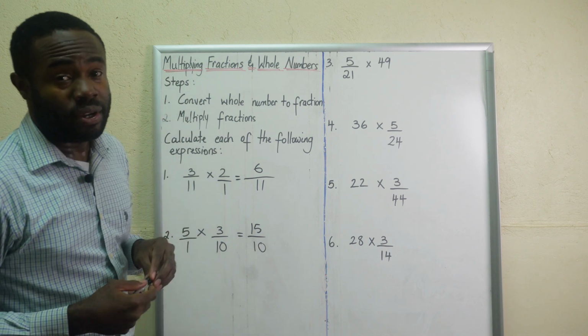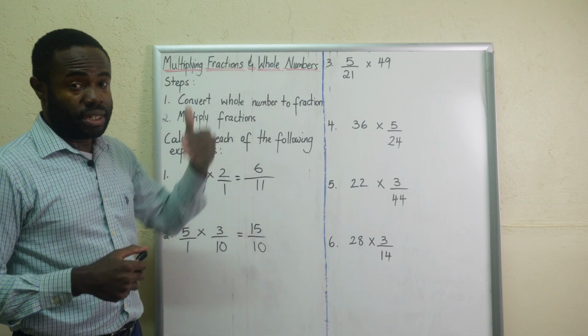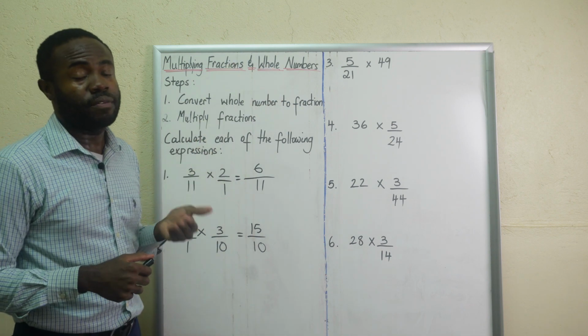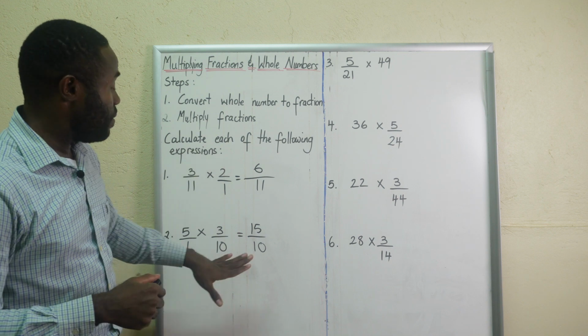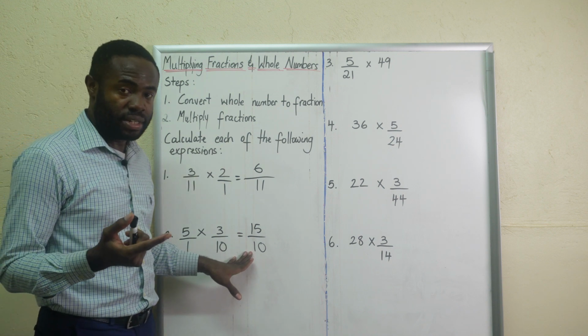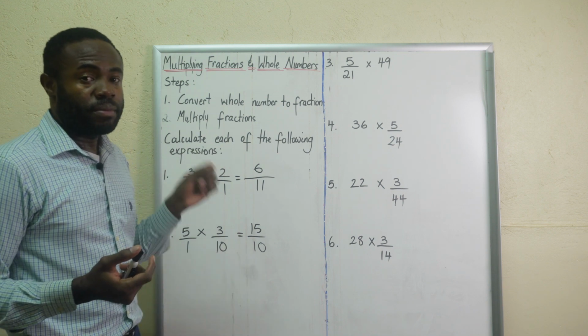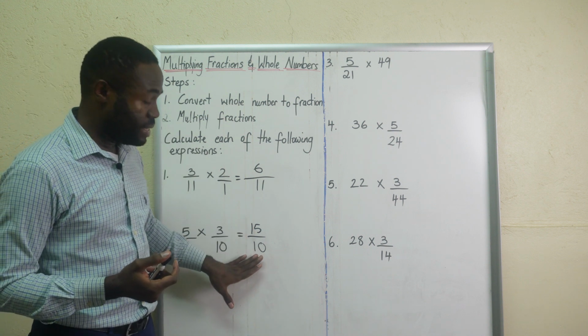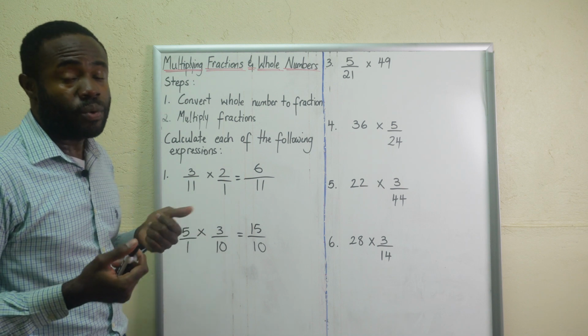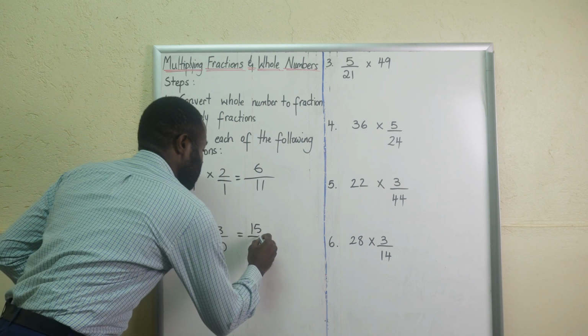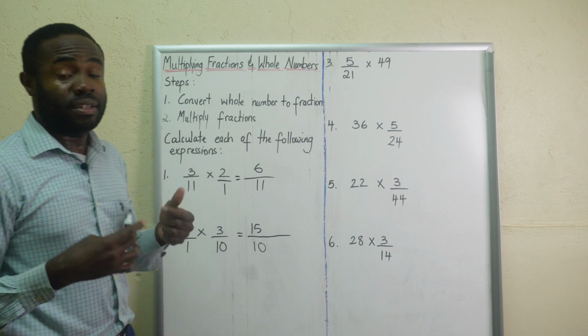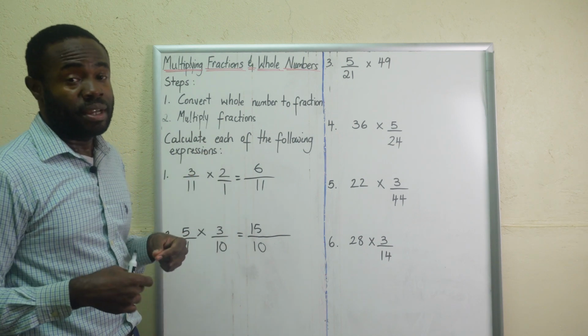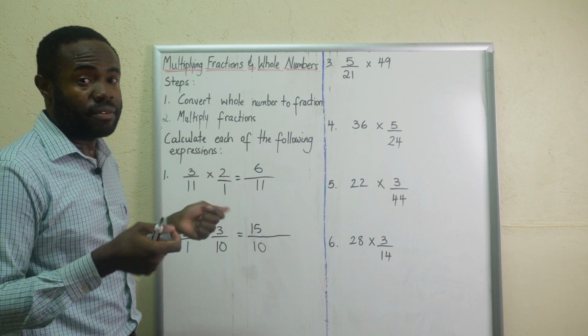After you have multiplied your numerators and denominators, you always check to see if they can be reduced. In this case, as you can see, they can be reduced, right? Because the highest common factor of 15 and 10 is 5. So what we're going to do now, we're going to extend the fraction bar and then divide both 10 and 15 by the highest common factor, which is 5 in this case.